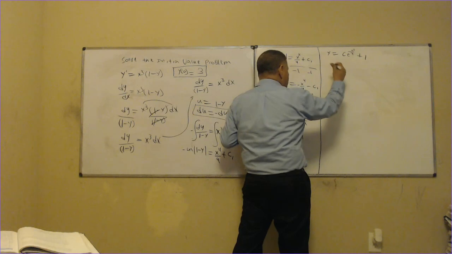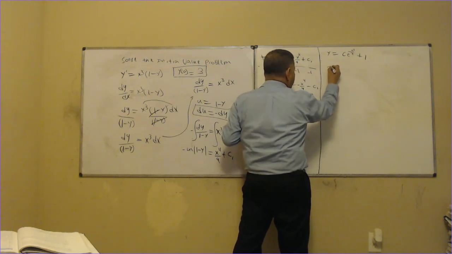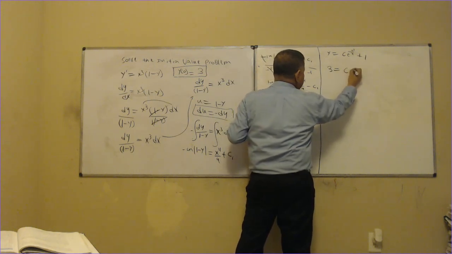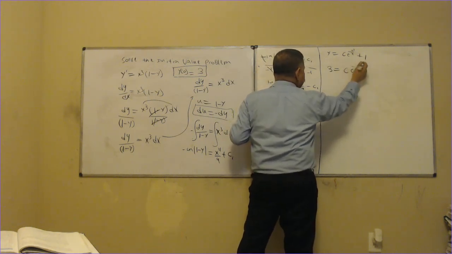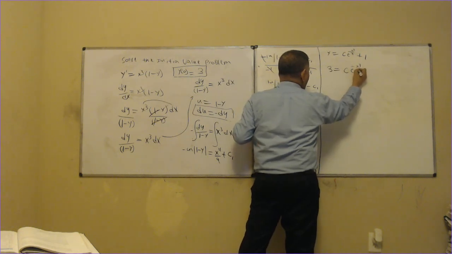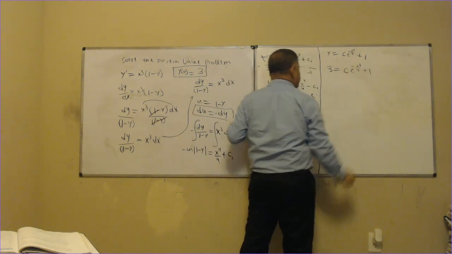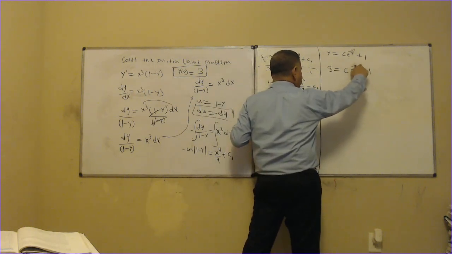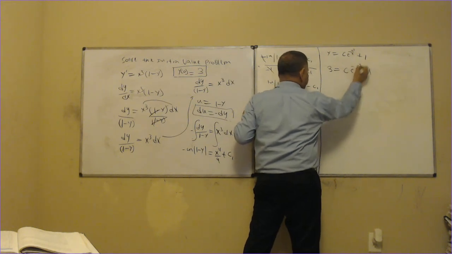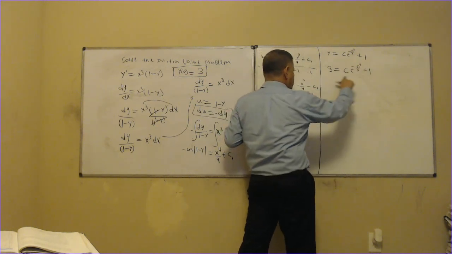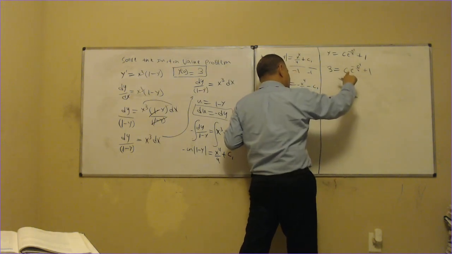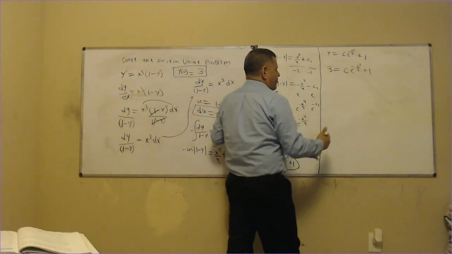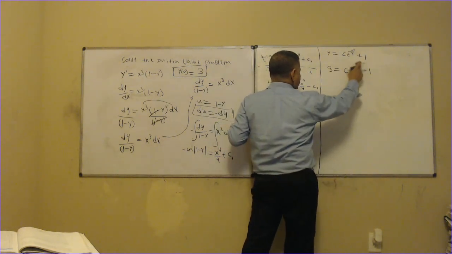So y equals 3, right? C e to the negative x to the fourth over 4 plus a constant, plus 1. But now we know that x equals 0 at a point, to the fourth power, and e is just a constant. Any number to the 0 power is 1.